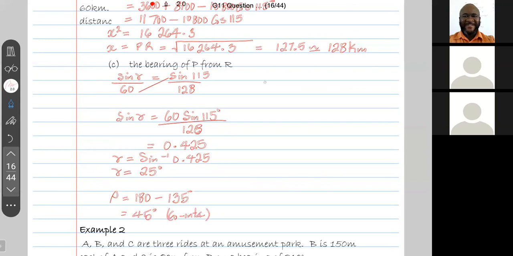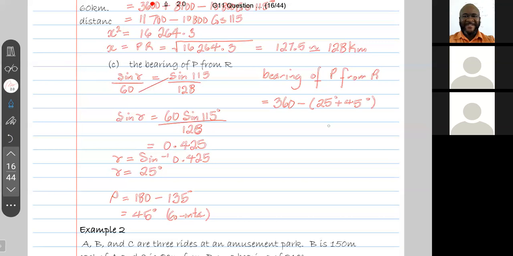All right, so it means therefore that the bearing of P from R is equal to 360 minus 25 degrees plus 45 degrees.